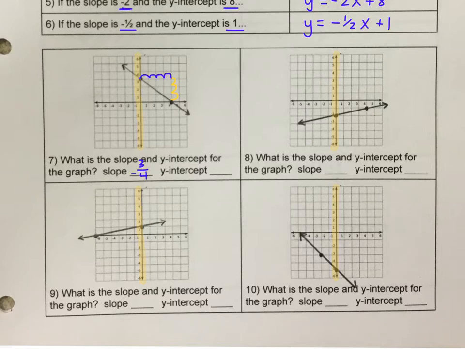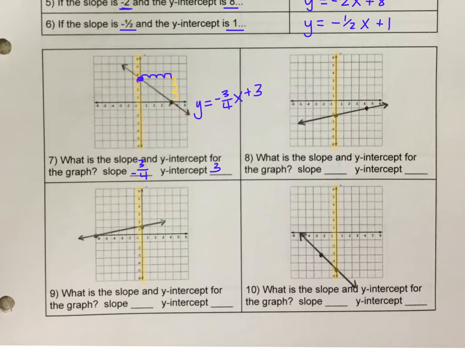So our slope is negative 3 over 4. The y-intercept is where it crosses the y line. Well, my line crosses that yellow y line right there. That's at 3. If I wanted to write that in equation, y equals negative 3 over 4 x plus 3.